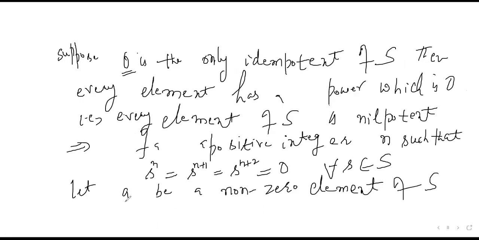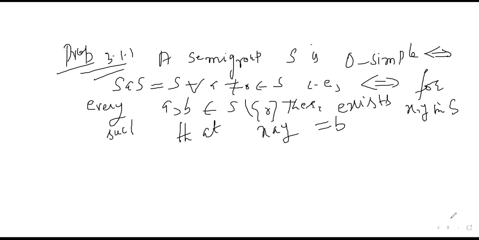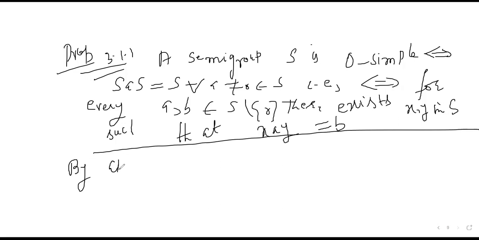In particular, we have chosen a as some non-zero element, so this property will hold for a also. So by the above proposition applied to the non-zero element a, we must have a equal to x a y.